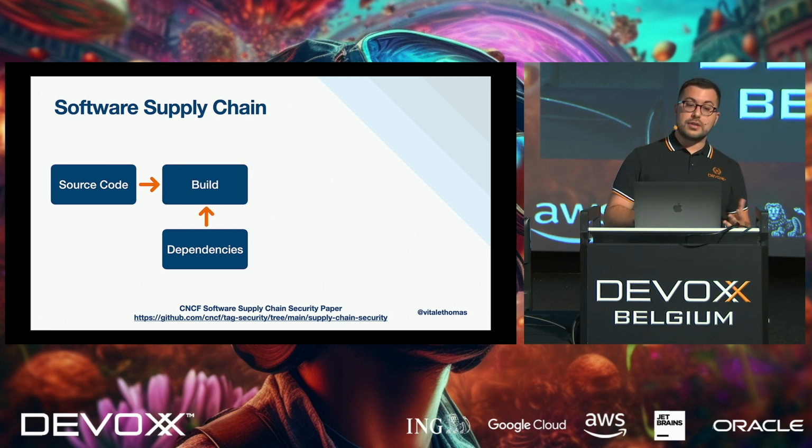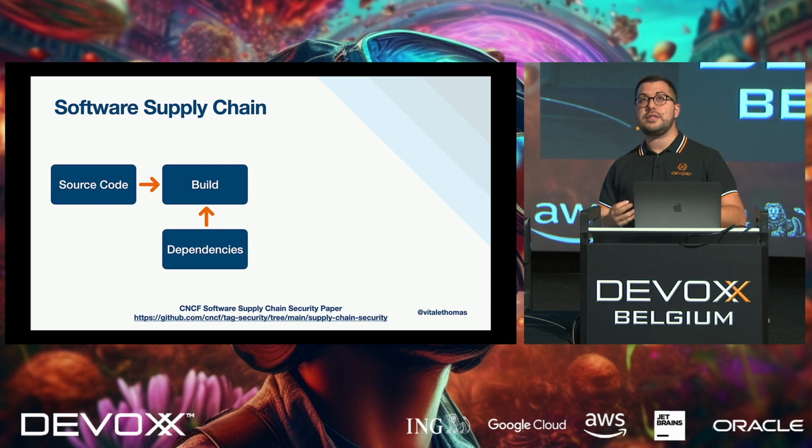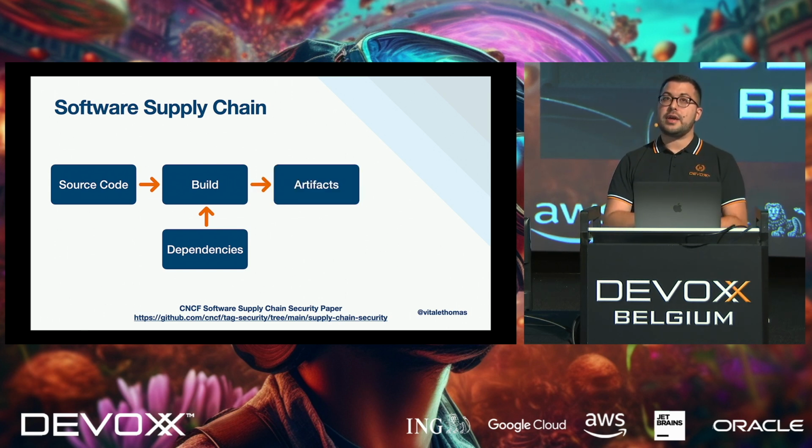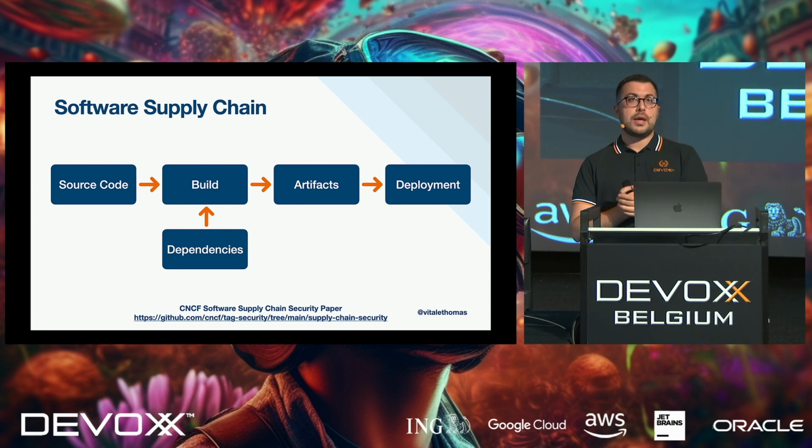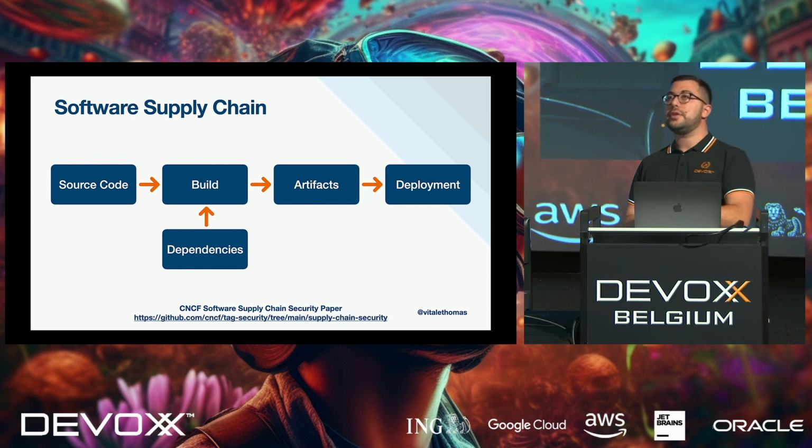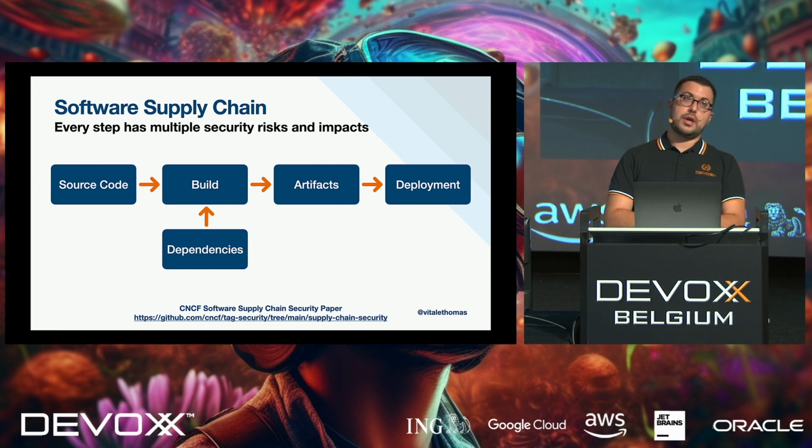Then we focus on the build, how we put together source code and dependencies, how we ultimately package everything and deliver the artifacts to our customers, or even deploy them ourselves if we offer software as a service. Now, at each of these stages, there are security risks. There are certain impacts associated to each of these security risks. And today, I want to highlight some of them, going through all these stages.